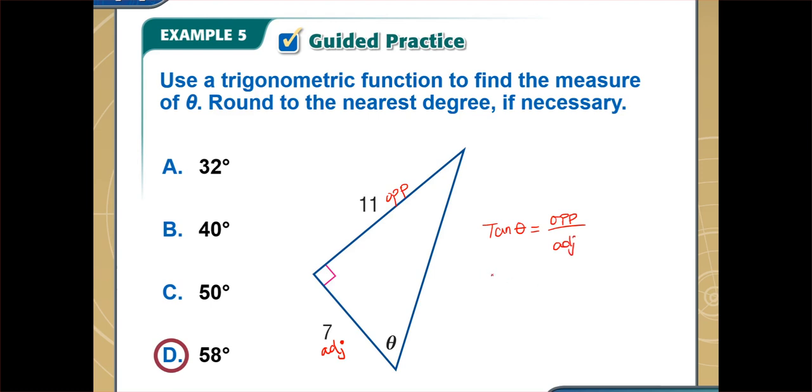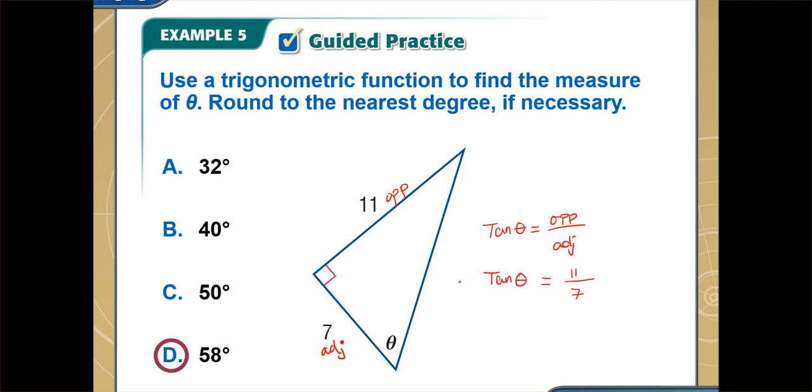Now you want to go ahead and substitute what we know. We only know the two sides, we don't know the angle, so we substitute the opposite with 11 and the adjacent with 7. The next step, to get the angle theta by itself, is to take the inverse tangent of both sides.